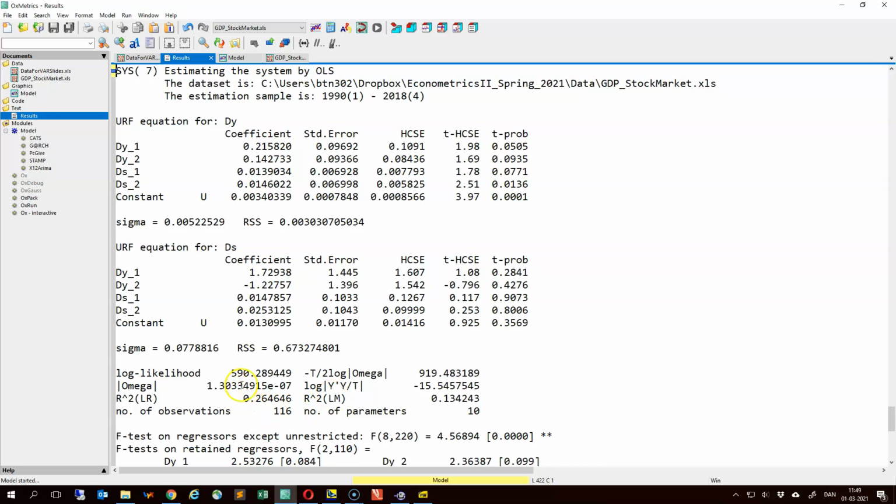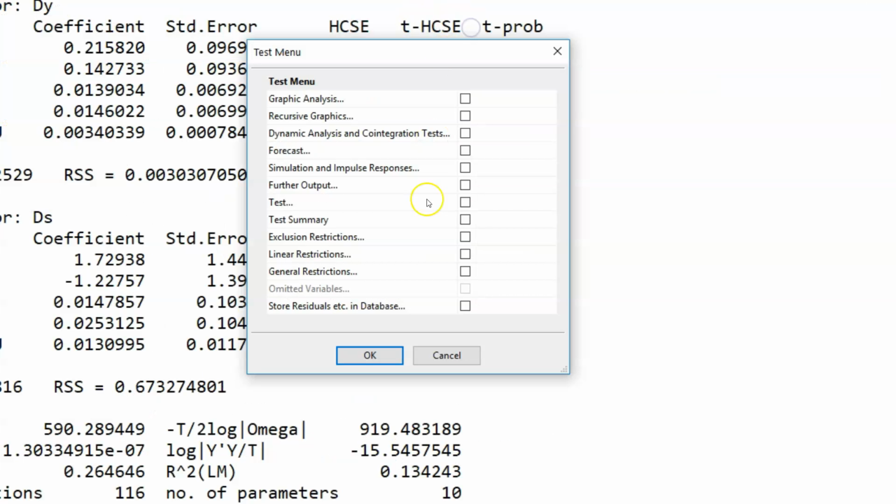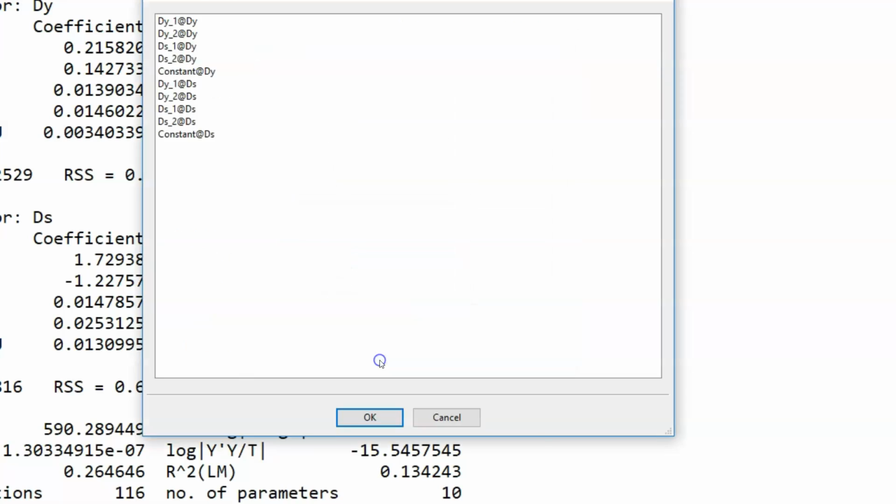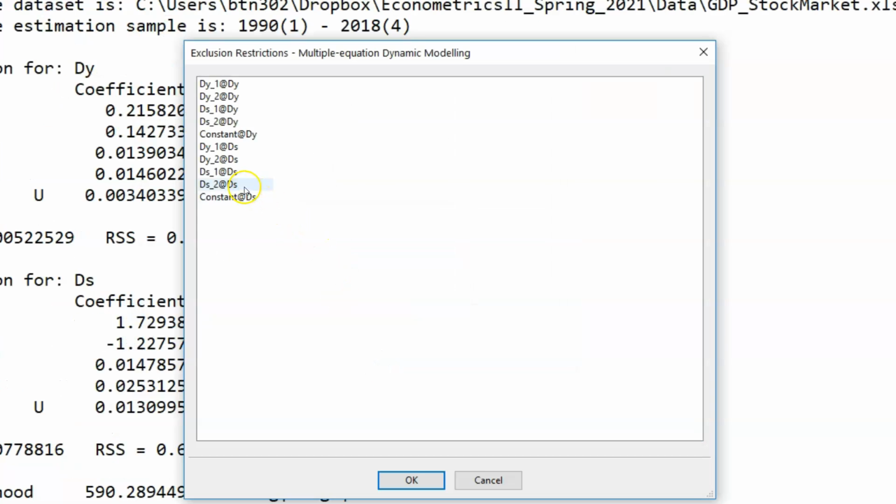Note that this boils down to simply testing whether we can exclude the lagged values of the y variable in the equation for the return on the S&P 500 index. And we test whether these two variables can be excluded.